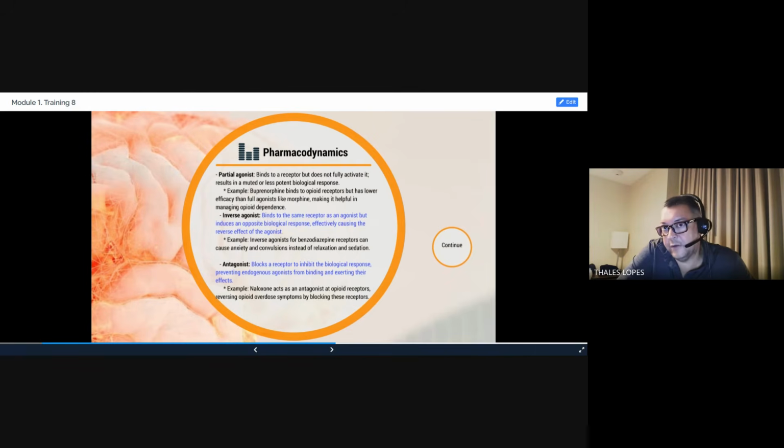So that will be more of an example of Narcan. Naloxone acts as an antagonist at the opioid receptor, reversing the opioid overdose by blocking those receptors. So basically, it blocks that and sits there. It says you're not going to activate this receptor.